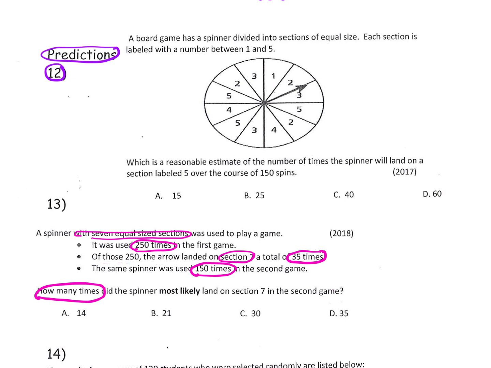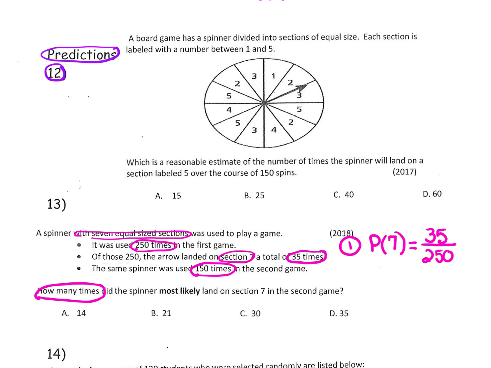But let's make a prediction. Let's start by calculating a probability or a rate. Based on the first game, the probability of getting section 7 out of 250 spins was 35 times out of 250.